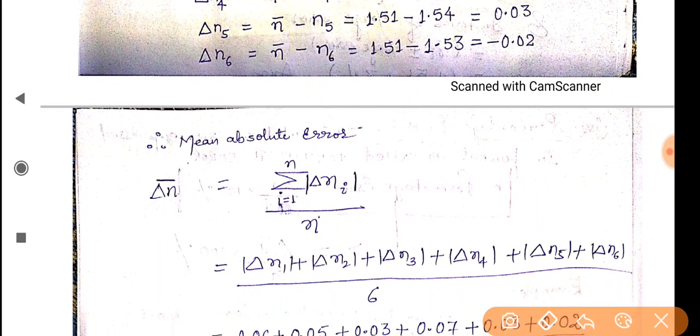Now mean absolute error is the third question. For the mean absolute error, you simply take the mean of all the absolute errors which you have calculated above.